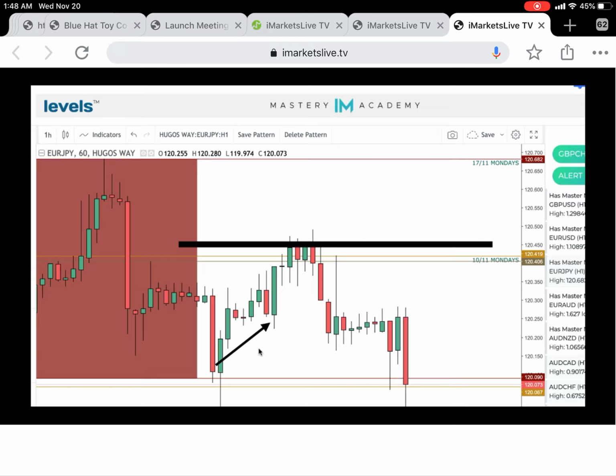Which candle gave me my entry, and what was my entry? Was it a buy or a sell? And which candle was my entry? Let me see if you guys are paying attention and looking at your notes. Remember, if you ever get confused, go back to your notes, because your notes will take you to the money.